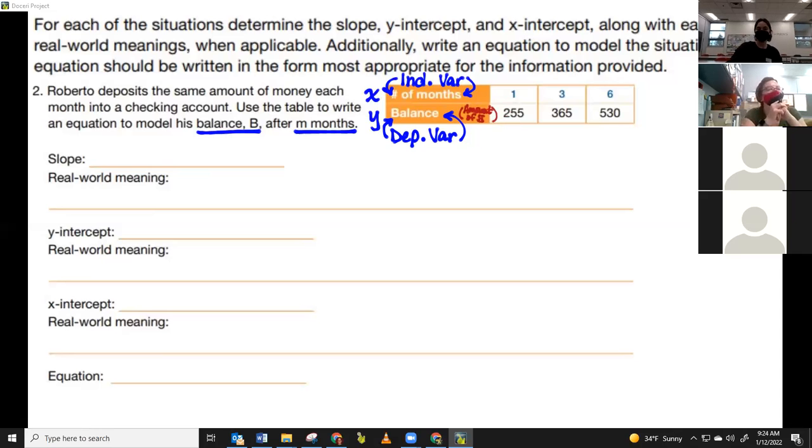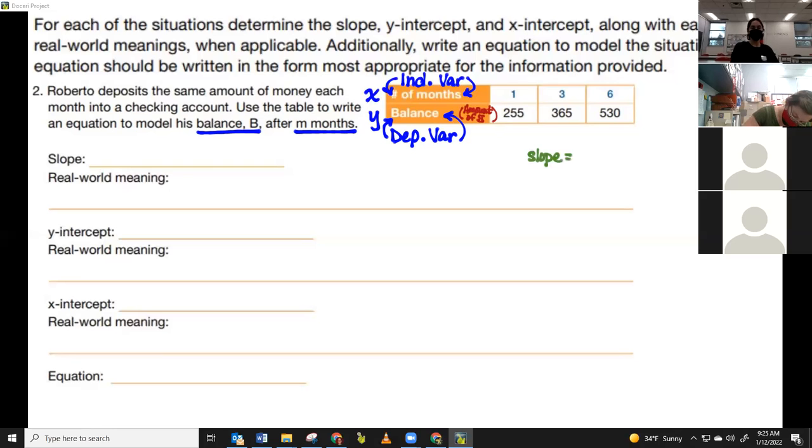How can I use this table to help me figure out the slope? What is slope? If I'm looking at a graph, I would describe slope as what over what? Rise over run. Yes.